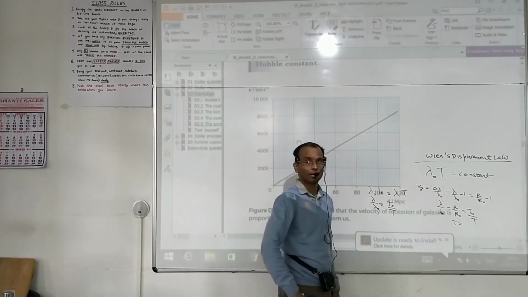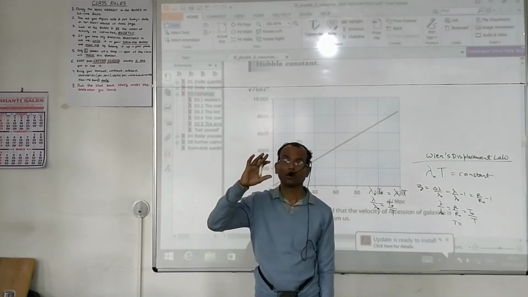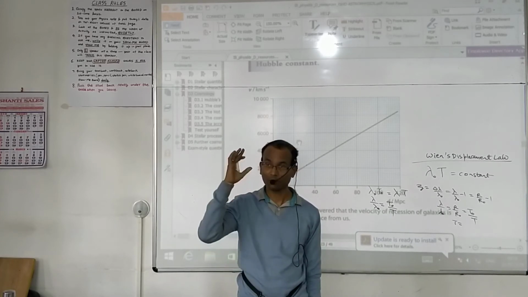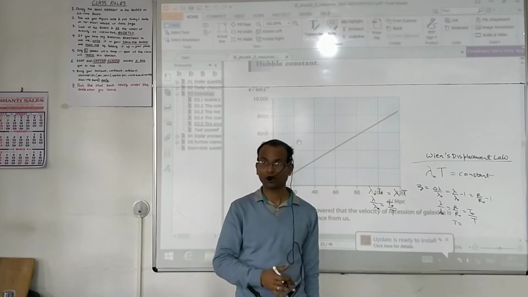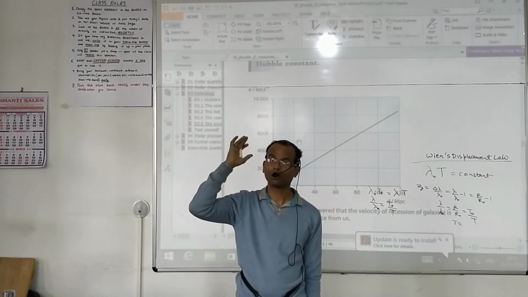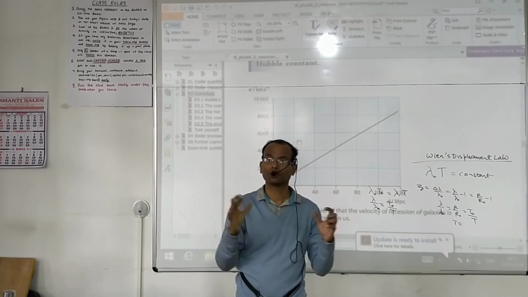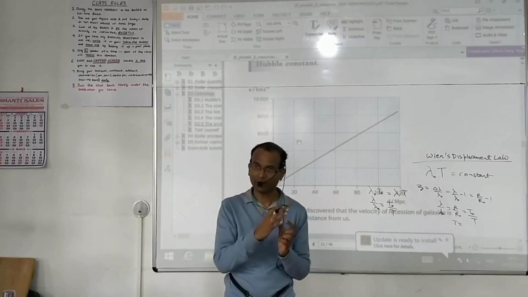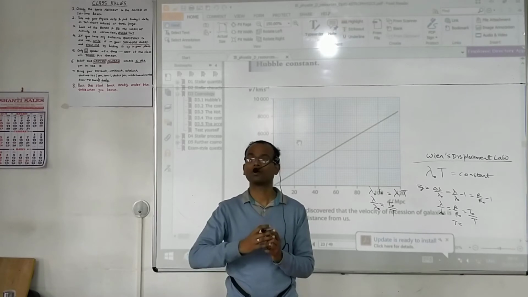Lambda naught refers to the peak wavelength of the radiation when it was emitted. That happened a long time back when the universe was smaller. Lambda is the peak wavelength, that same peak wavelength when it is received.